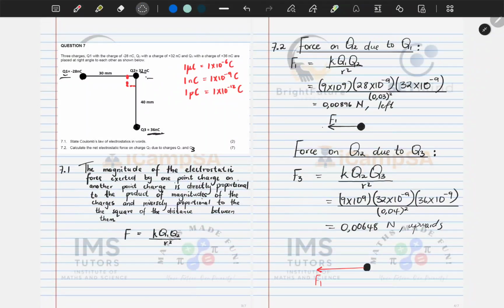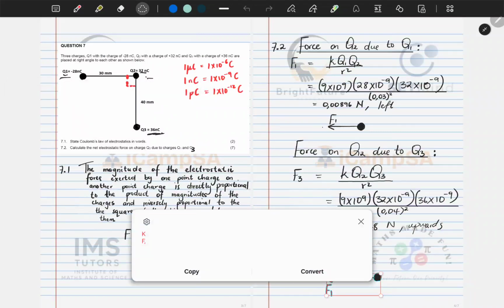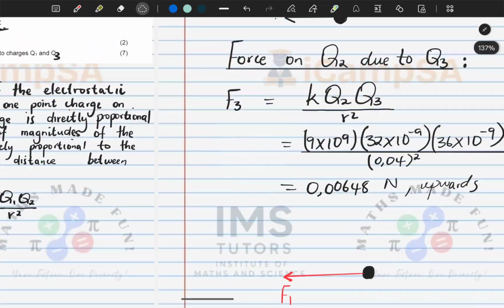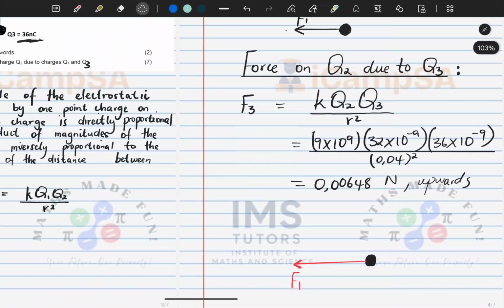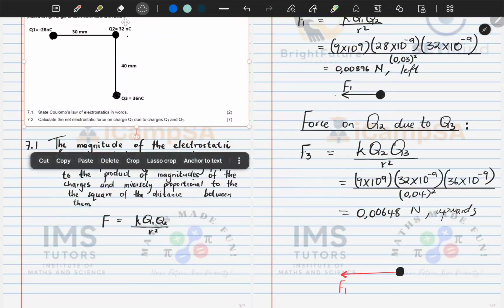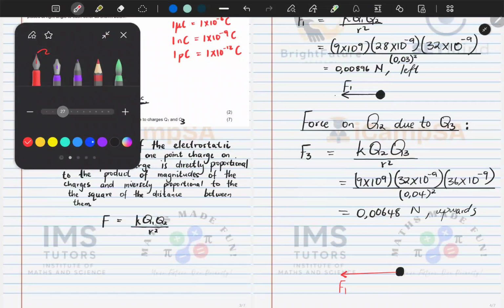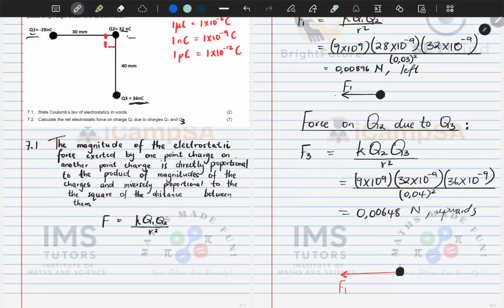And then, let's zoom in. And then there'll be, due to Q3, a repulsion of Q2. So there'll be another force. Let's make it purple, of repulsion, which we called F3.